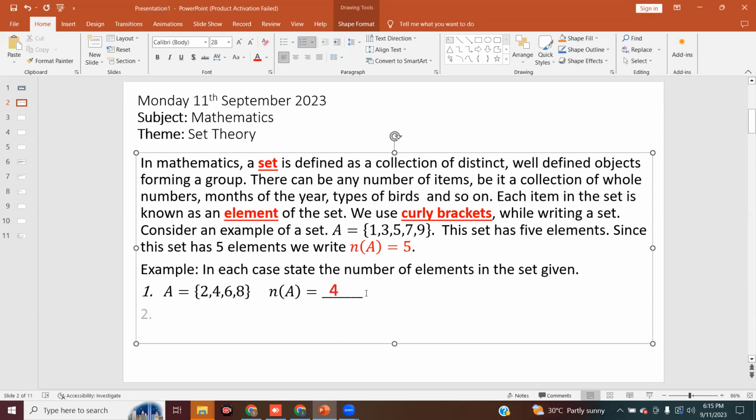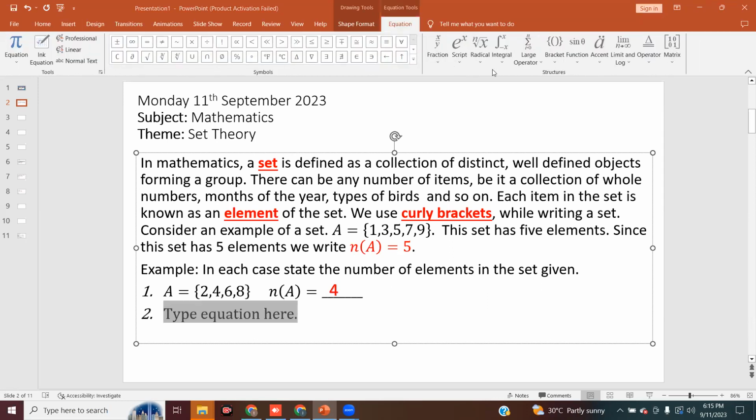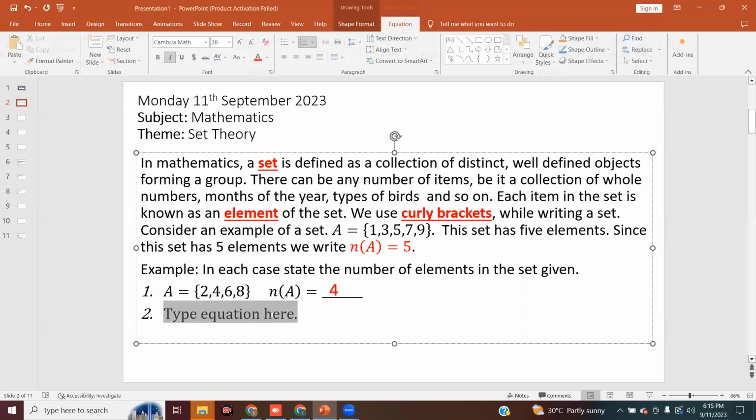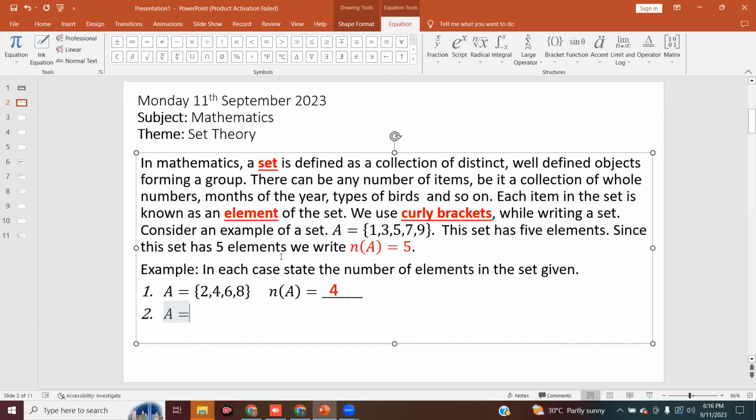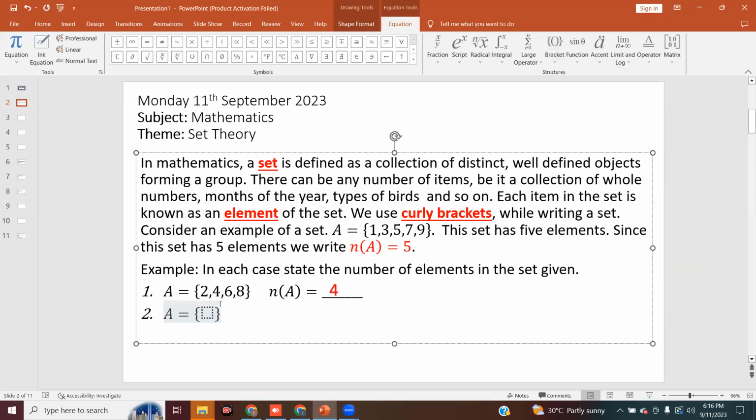Okay, so let's consider another example. Let's say we have set A, and set A contains the elements Sunday, Monday, Tuesday, and let's say that's all it has.